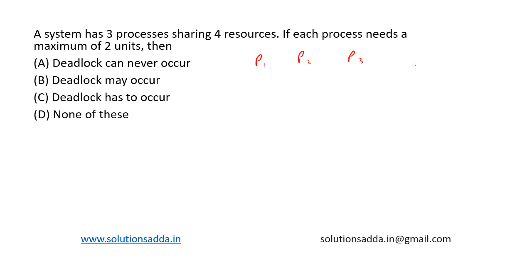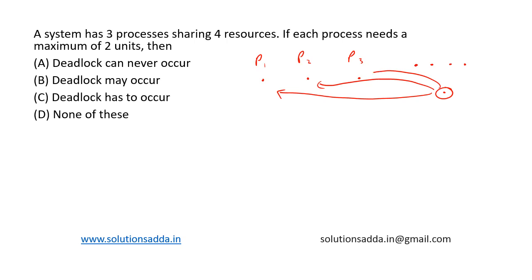We have 4 resources, let's denote them by dots: 1, 2, 3, 4. Each process requires a maximum of 2 units. So let's assign each process the maximum requirement minus 1 units. Here we are assigning 1 resource to this process, 1 resource to this, and 1 resource to this. Now we are left with 1 more resource. This resource can be freely assigned to any one of these processes.